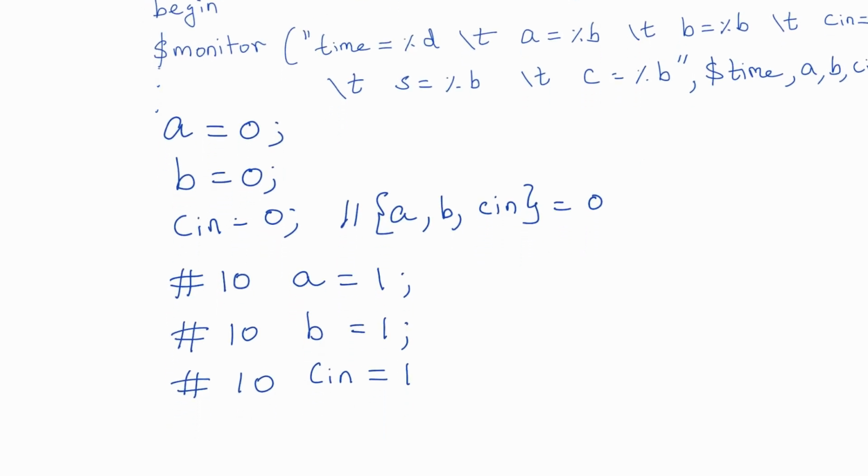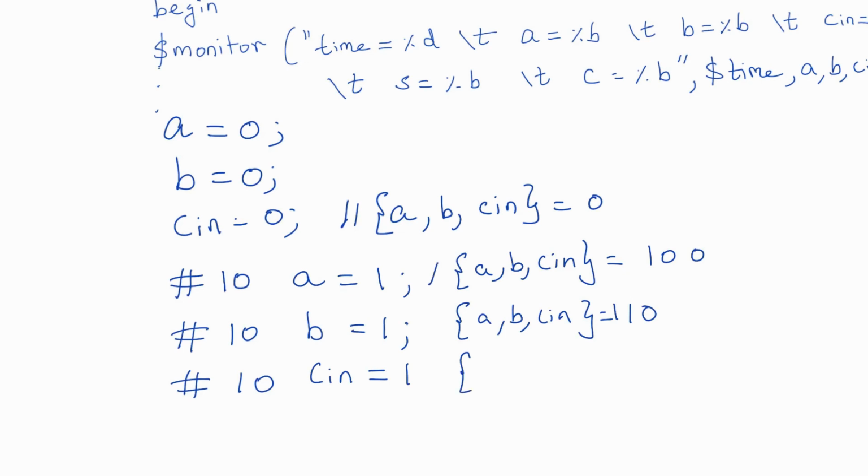So I've now had 4 different values. So here A, B, Cn is going to be in the same order. It's going to be 1, 0, 0. And after 10 time units, A, B, Cn is going to be 1, 1, 0. And after 10 time units, these are comments.